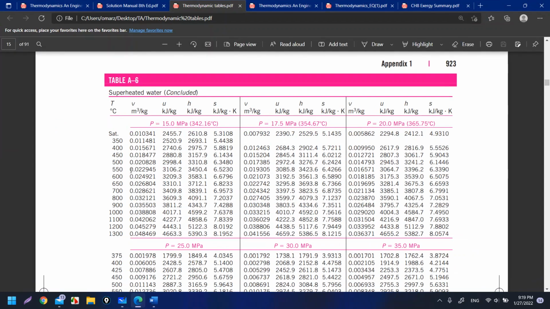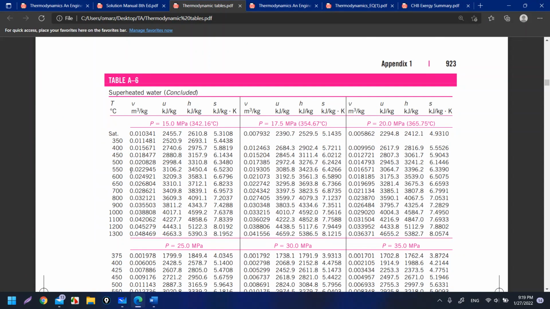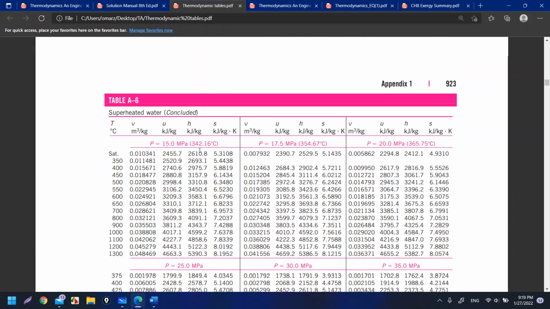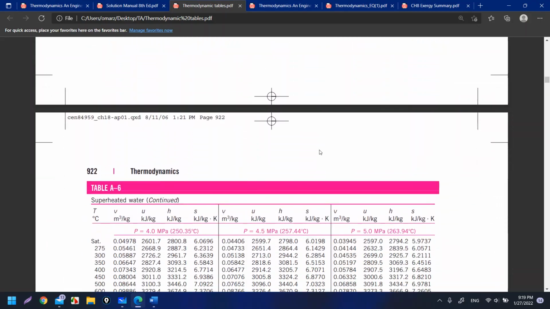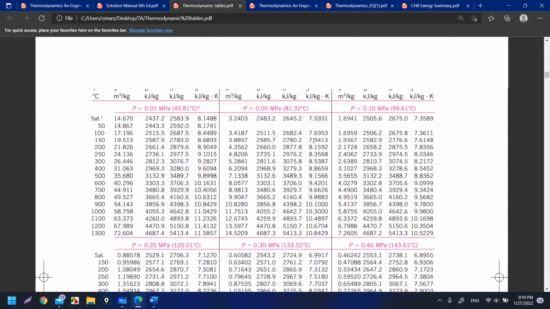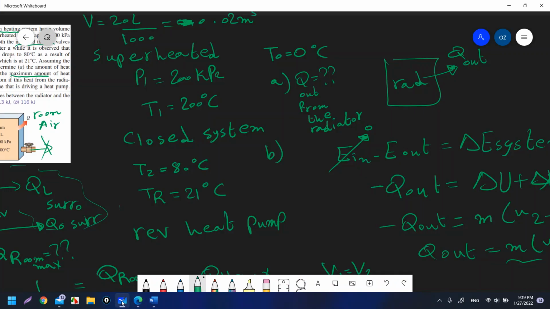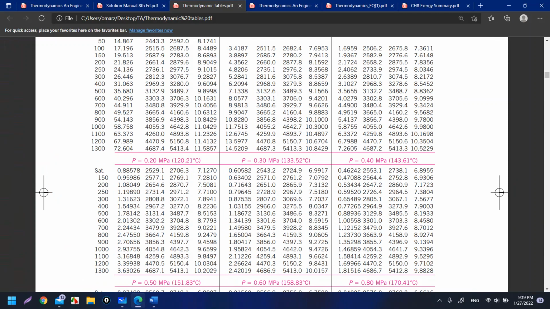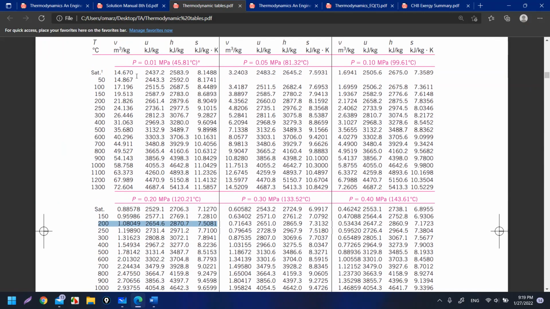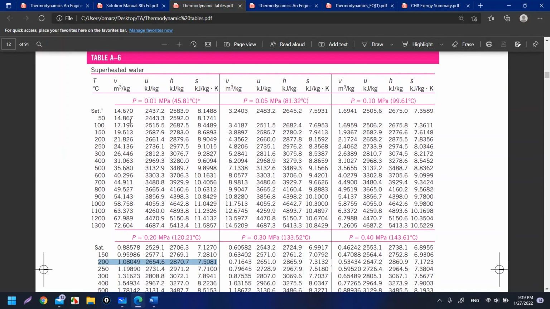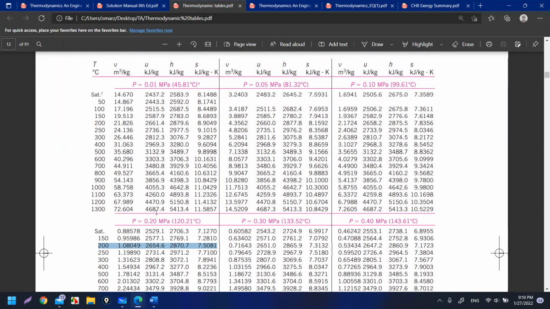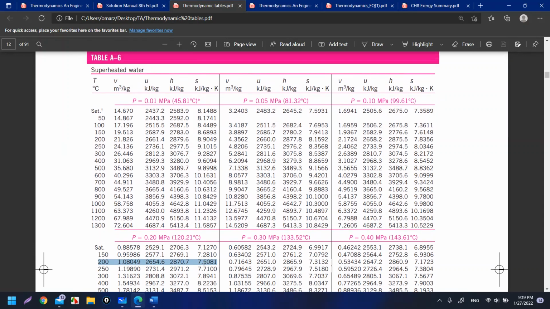From kilopascal to megapascal, you divide by 1000. From megapascal to kilopascal, you multiply by 1000. At T1 equal to 200 degrees Celsius, this line. We don't need V for the energy terms, it is cancelled. I want to find U and S.